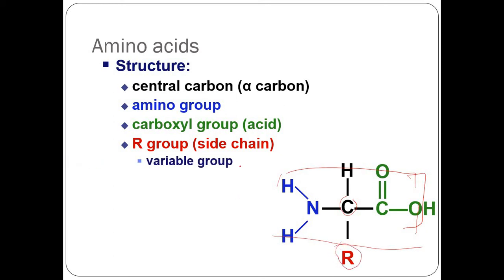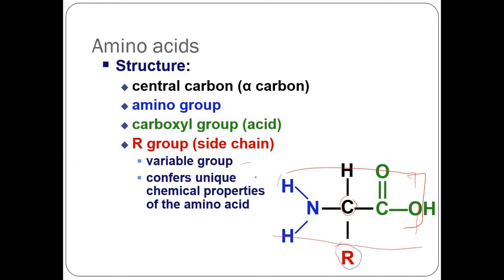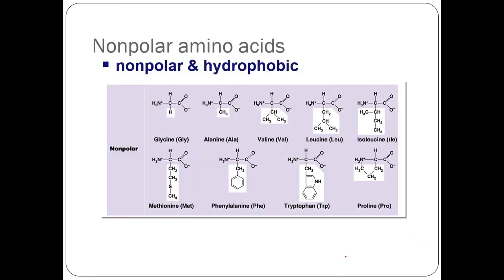This is the variable group, because this is the only thing that's variable in each amino acid. This R group confers the unique chemical properties of the amino acid. So this is what distinguishes one amino acid from another. That's why in most books they actually classify amino acids.